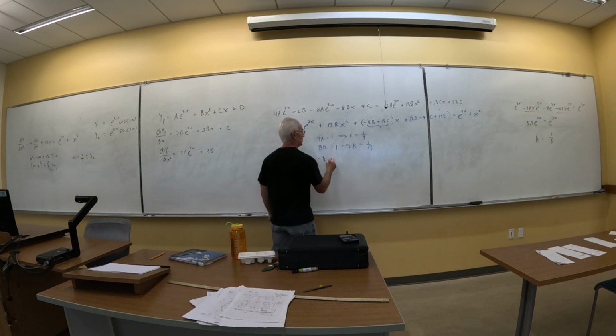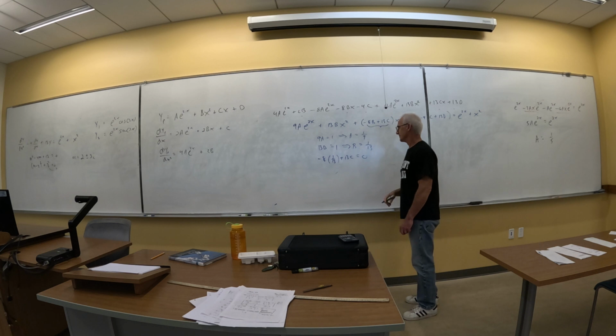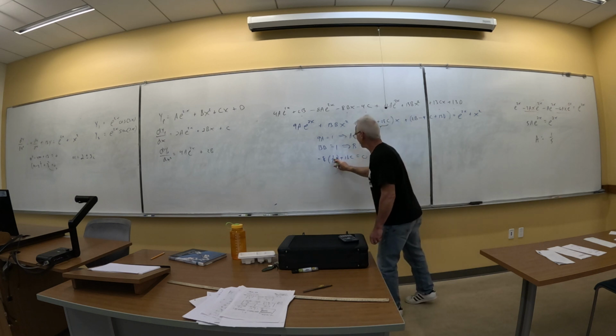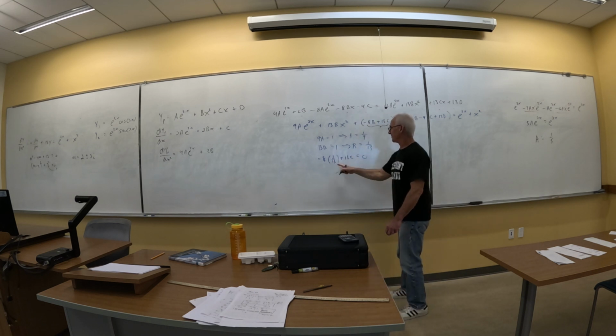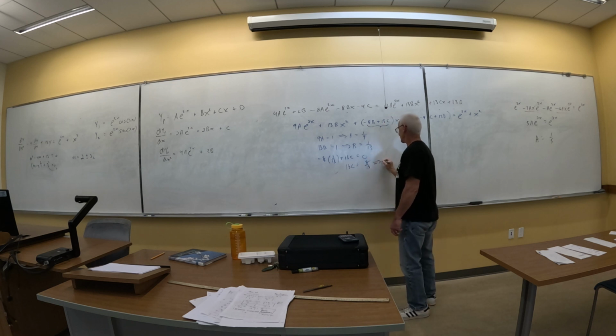So negative 8b plus 13c equals 0. That's a 13. Sorry. We just said b was 1/13, so I'm lazy. So what have I got? I've got 13c equals 8/13, so c is 8 over 169.